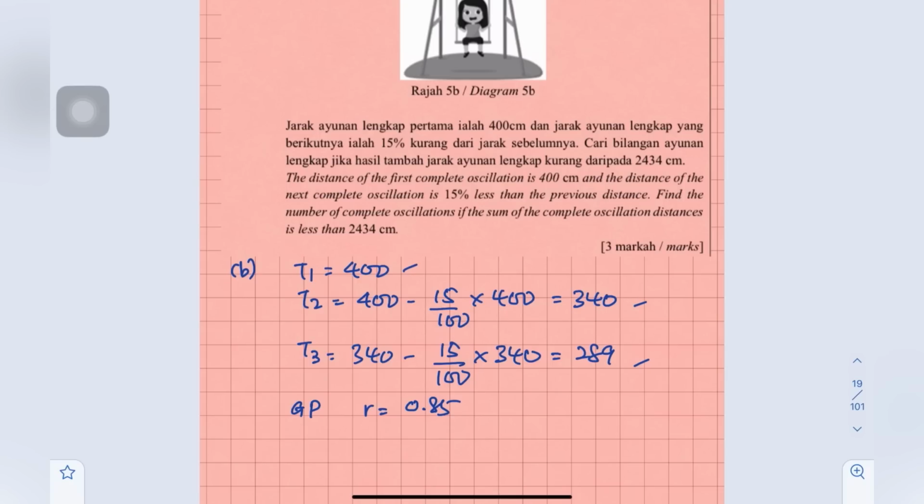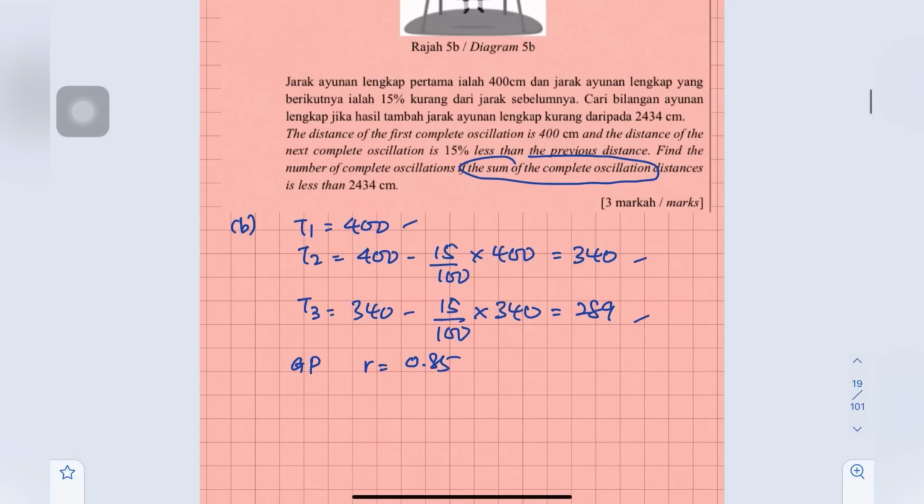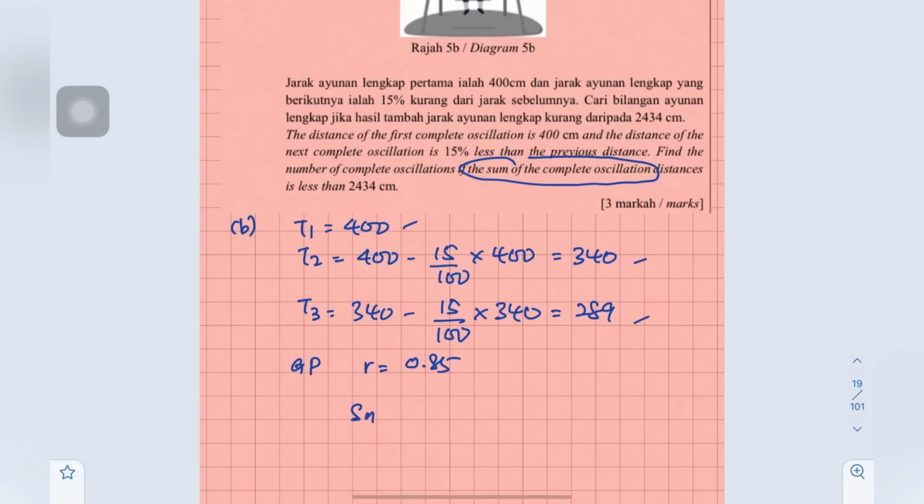Here it says sum of the complete oscillations. Since it is a sum, we use Sn, less than 2434.